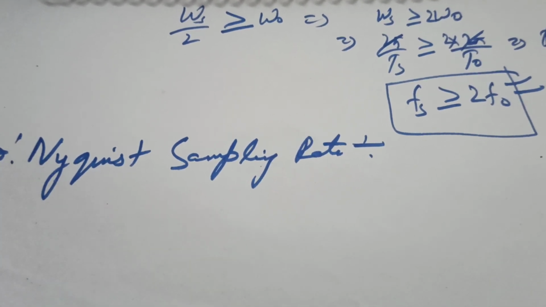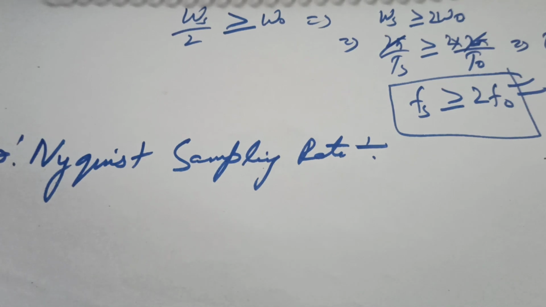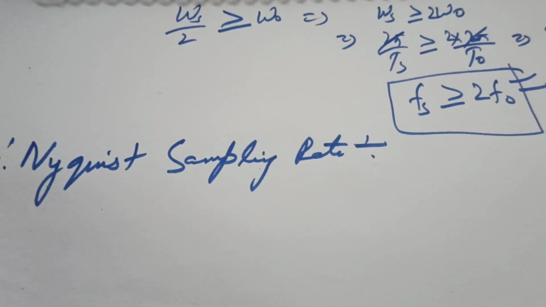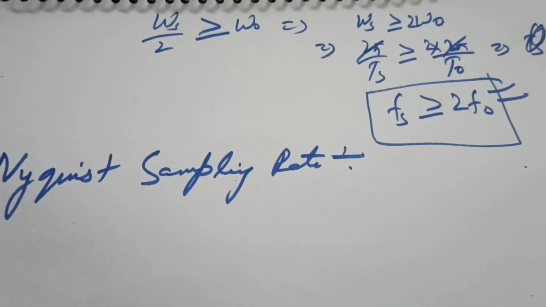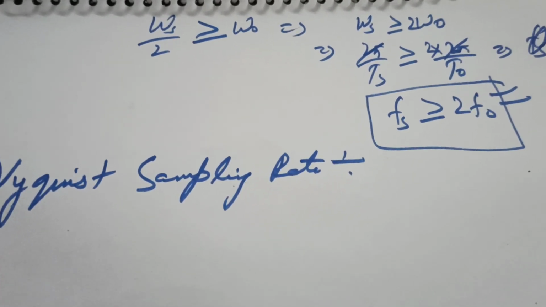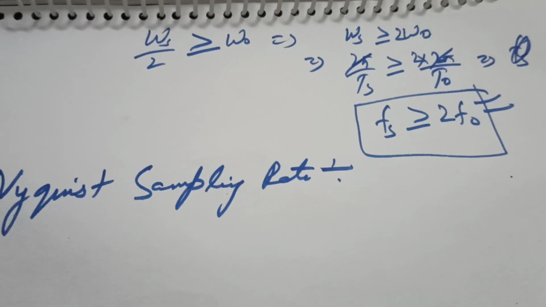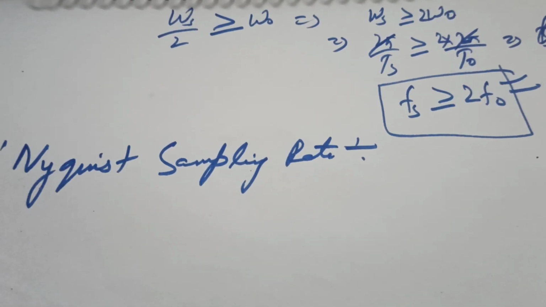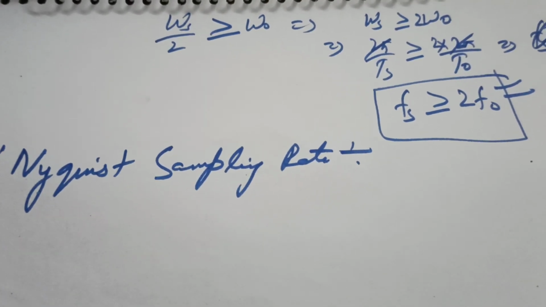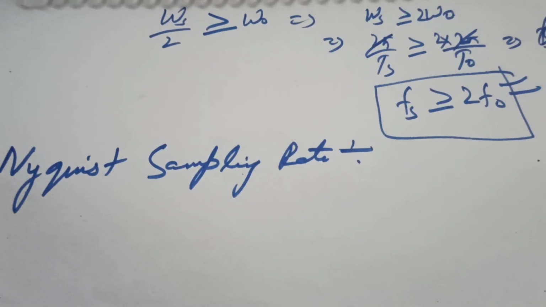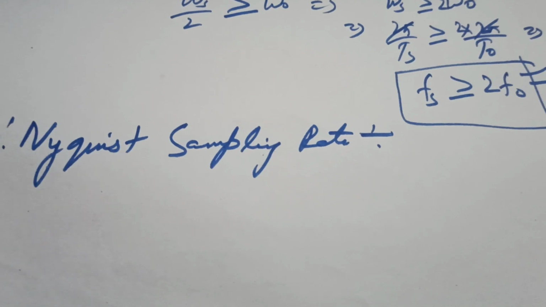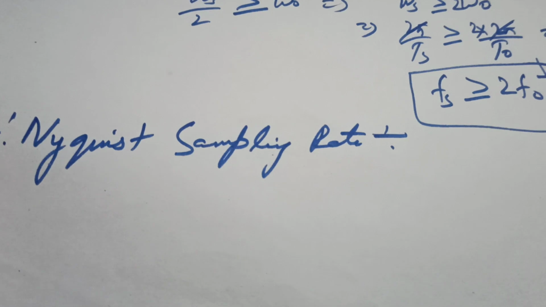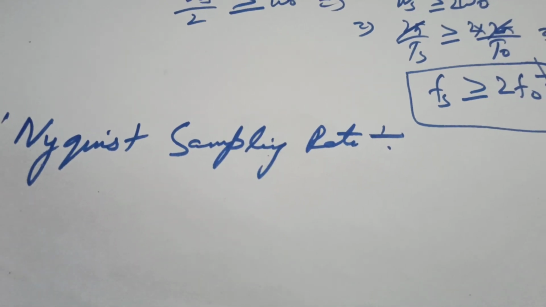At last we observed that the Nyquist sampling condition, omega s, should be greater than or equal to 2 times the maximum frequency component present in the signal. I am once again repeating the same thing. Hopefully this is clear.